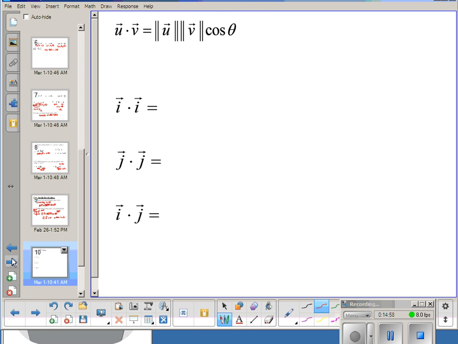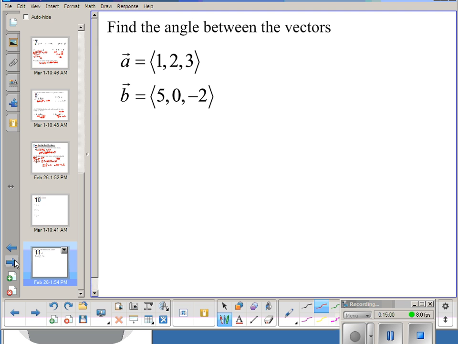So let's look at one example of finding the angle between the vectors. First I'm going to find my actual dot product. 1 times 5 is 5, 0 times 2 is 0, 3 times -2 is -6, and I get a dot product of -1.